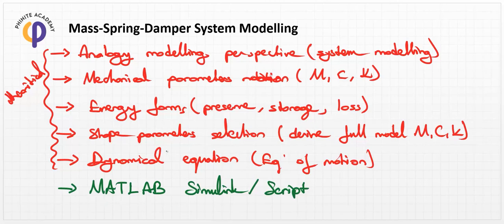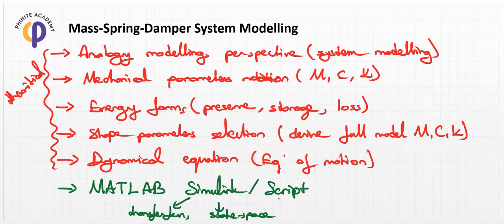And so we create a Matlab program to imitate the whole dynamic equation of motion related to the mass spring damper system modeling at the end of this lesson. In order to do that, we can create a transfer function model and a state space model.